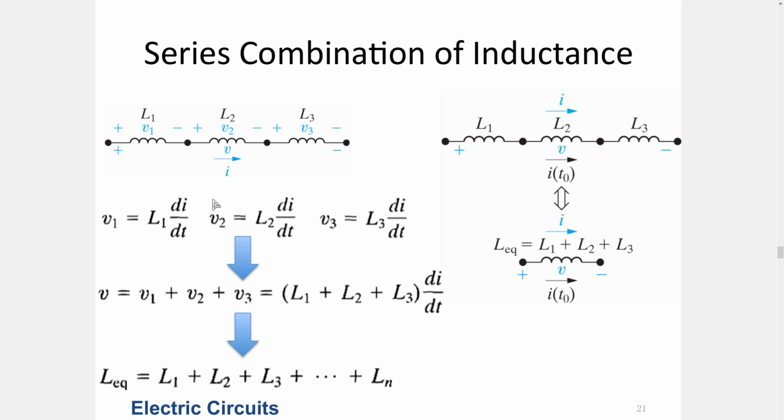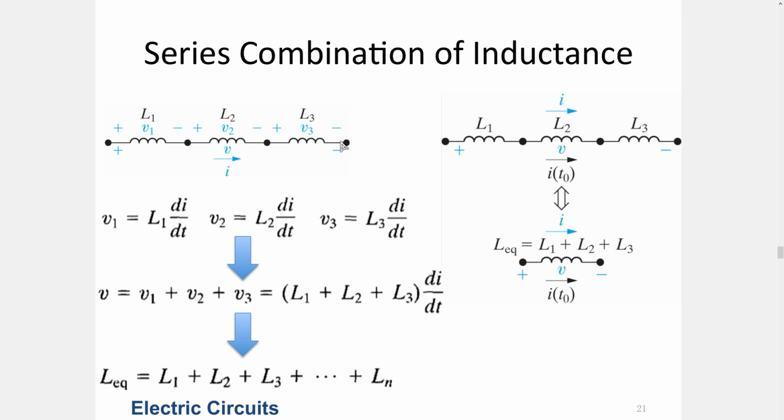Now, assume that we have one inductor that is equivalent to the behavior of these 3 inductors. Then that inductor will have some L equivalent times di/dt. These di/dt's will be the same, so they can cancel out. Then the equivalent inductance is obtained as L1 plus L2 plus L3, and so on, depending on how many inductors you have.